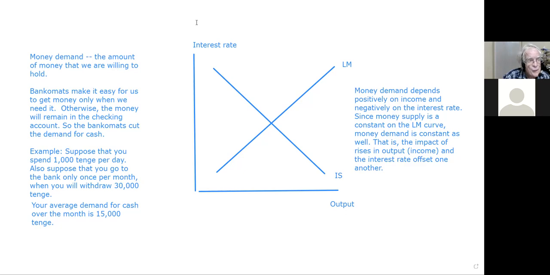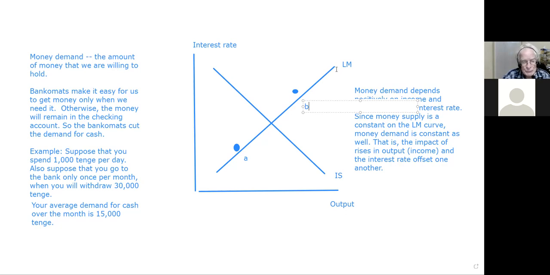So, for example, suppose we begin at point A on the LM schedule. The money demand equals money supply. And we consider a movement on LM up to point B. All along the LM schedule, money supply is constant.